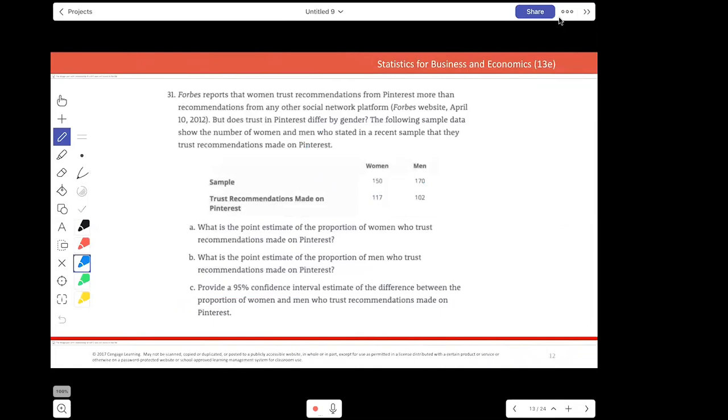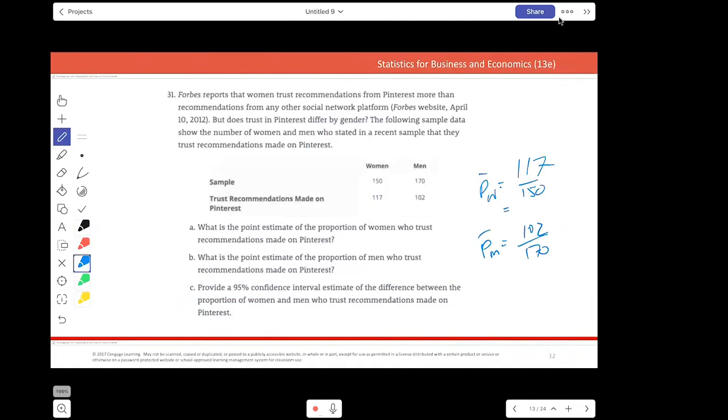So what is the point estimate of the proportion of women who trust recommendations on Pinterest? That point estimate, for women, let's call it P bar W, would be 117 over 150. And for men, it would be 102 over 170. So those are the sample values. If we want to calculate that, we certainly can.